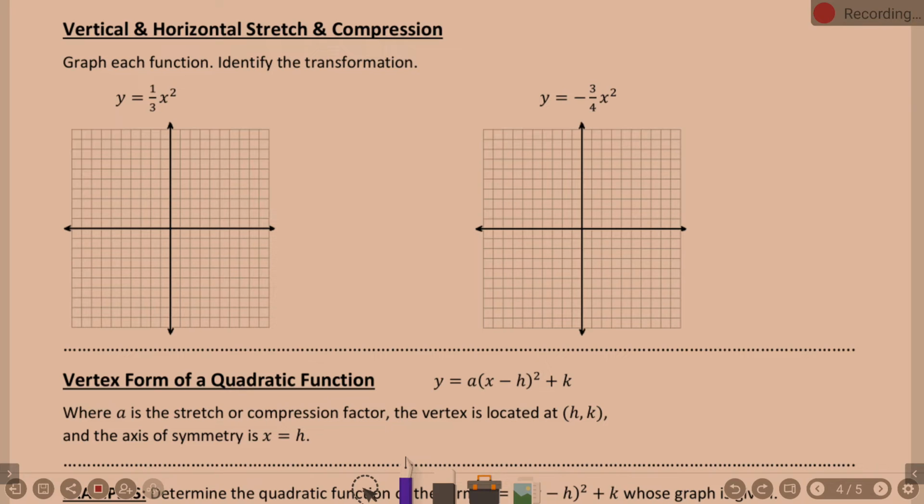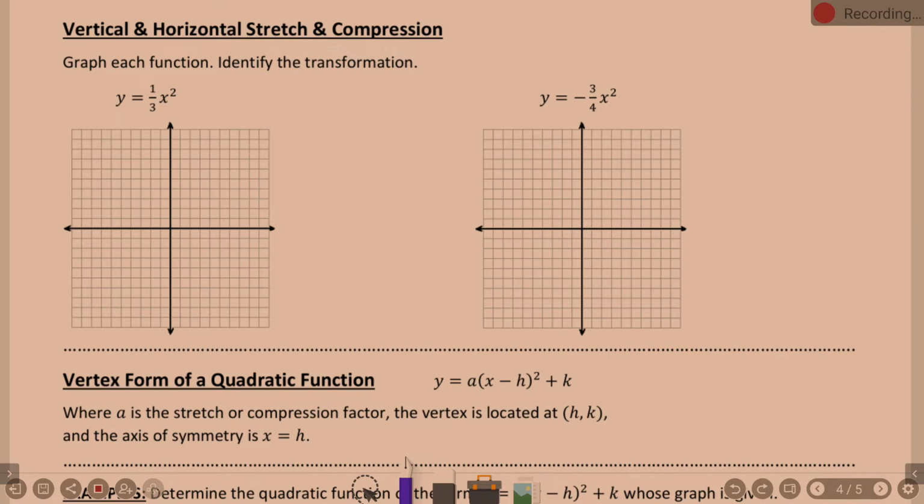Vertical, I'm guessing is what you mean. You had the start of the word. Okay. Vertical compression. Why is it a vertical compression? Because it's not more than 1 and it's not less than 0. Okay, so 1/3 is a value between 0 and 1, and we're multiplying by it out front, so that makes it a vertical compression.